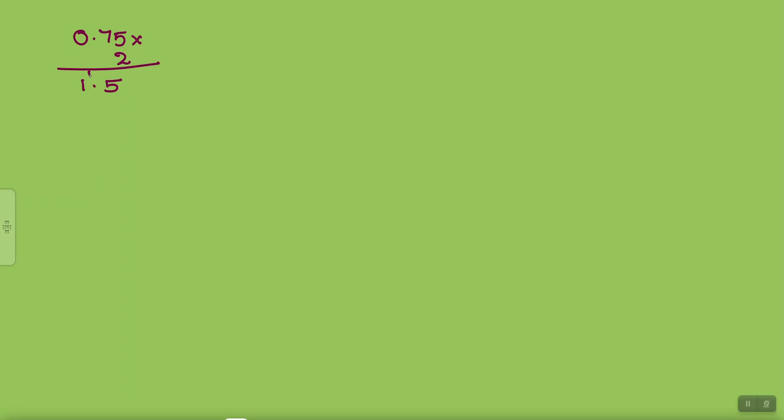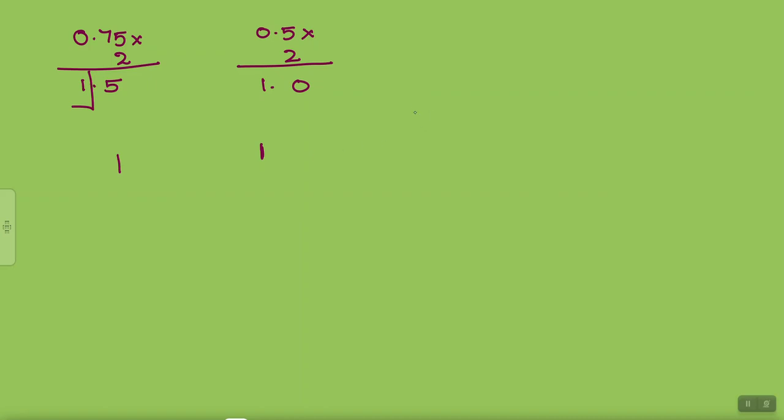I am converting this 0.75 to binary, that is 1. Next is 0.5 into 2, that's equal to 1.0, that is also 1.